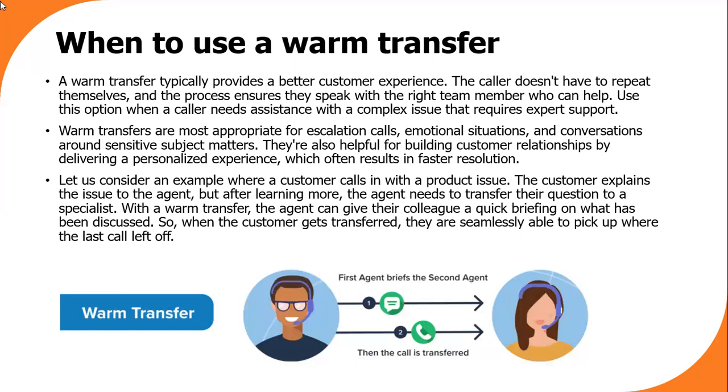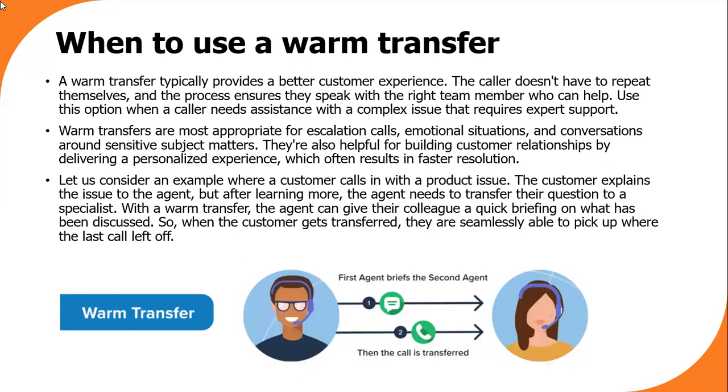So when are warm transfer calls appropriate? When, as I said before, the call is escalated. Escalated means that the customer is angry, upset, and is asking for your supervisor, okay? So maybe you were not able to help them to solve the situation, and they're getting frustrated, so they would request your supervisor. So in this case, you would need to have a warm transfer.